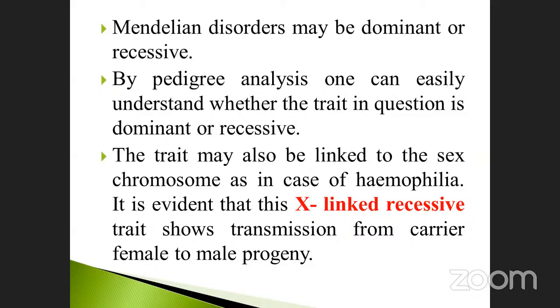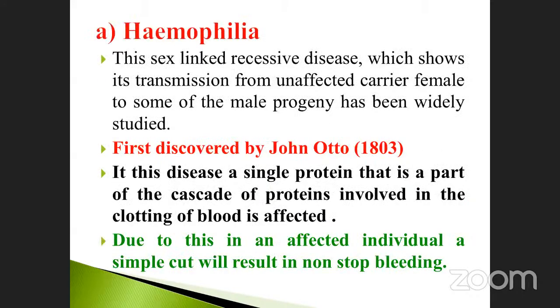Suppose the female is affected by hemophilia. Already we know about Victoria, the Princess, isn't it? See how it will be. First one is hemophilia. Hemophilia is one of the genetic disorders, a Mendelian disorder, or gene disorder.